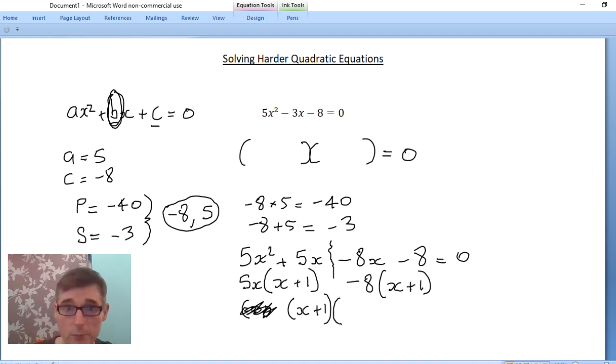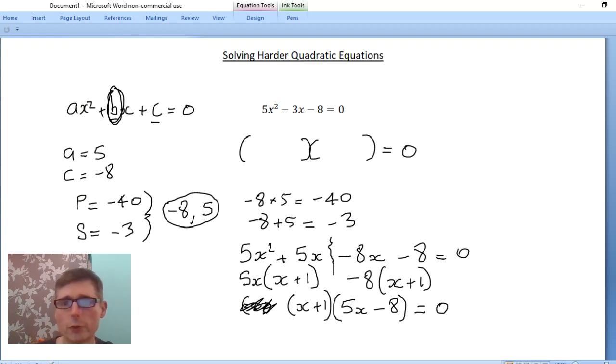This second bracket is going to have the front of the two halves of the equation on this line, so 5x and then -8. It's factorised now. So we've taken the original equation, 5x squared minus 3x minus 8, and factorised it into two brackets, still equal to 0.